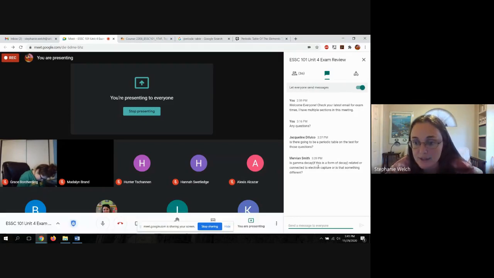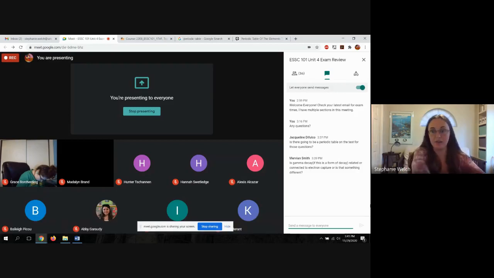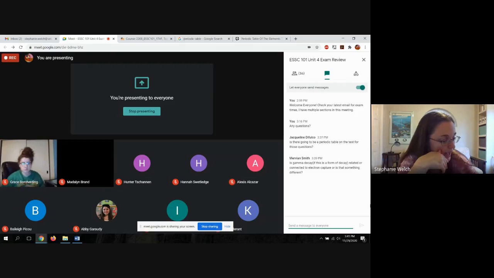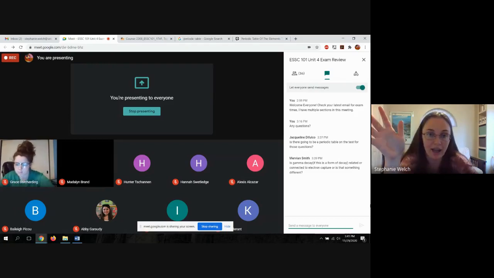Another question: is gamma decay related or connected to electron capture or something? Gamma decay is actually not a type of decay. I think I worded it a little differently on the test. I threw gamma decay in as a fake option.